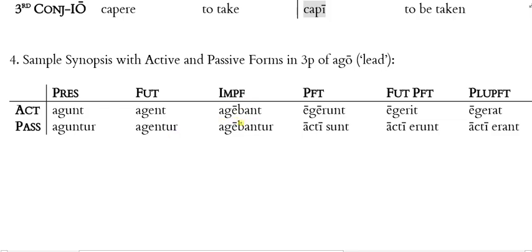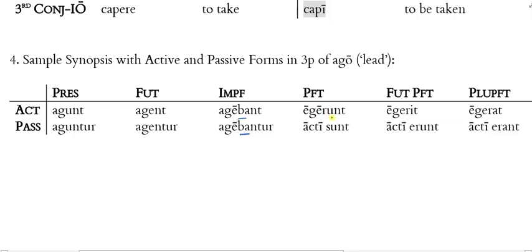Imperfect, agebant, so here the imperfects are clear because they have the ba and the long e before the tense morpheme here for imperfect. Agebant, so they were leading. Agebantur, they were being led. Now, perfect system.